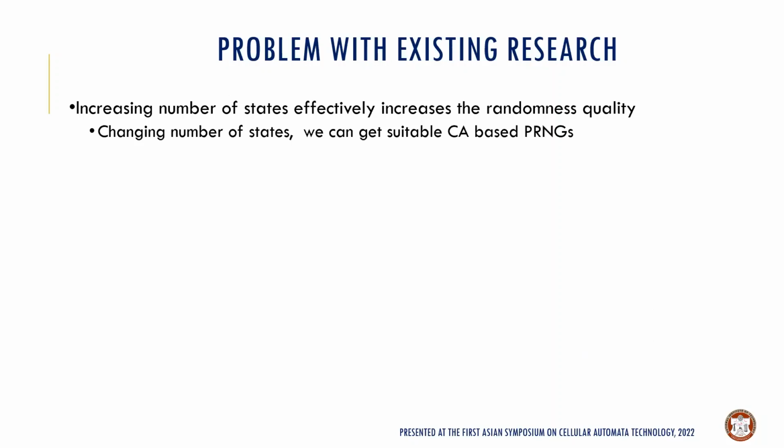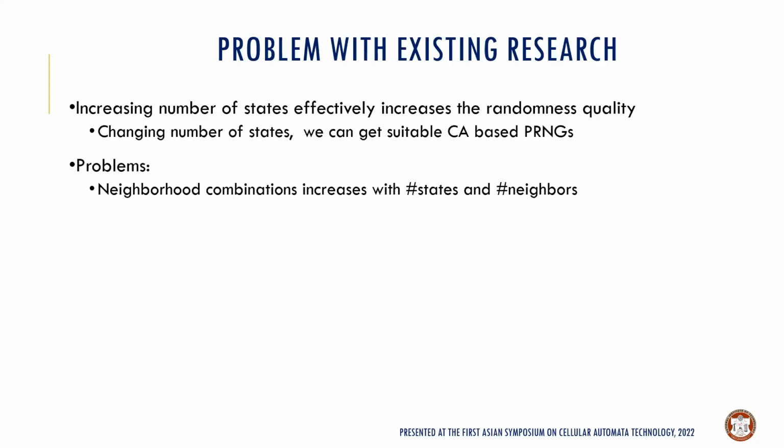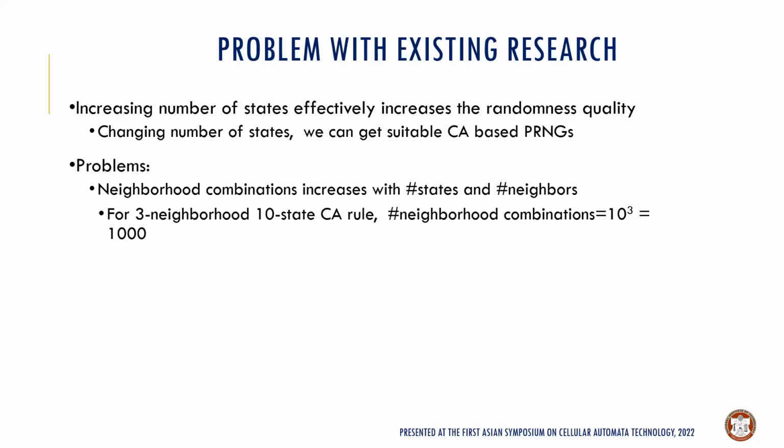But the problem is, if we increase the number of states, the neighborhood combinations will also increase. For example, if we take a 3 neighborhood 10 state CA, just like the decimal CA I was showing, the neighborhood combinations become 1000. Therefore, although we can get some suitable PRNGs by changing the number of states, there will be this difficulty of presenting the rule on pen and paper, that is the representation of the rule, how we can represent it simply or how we can simplify it.